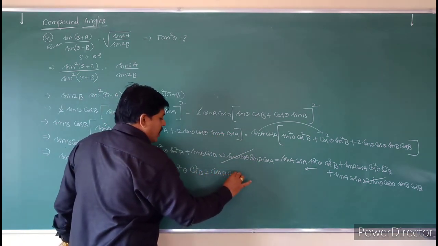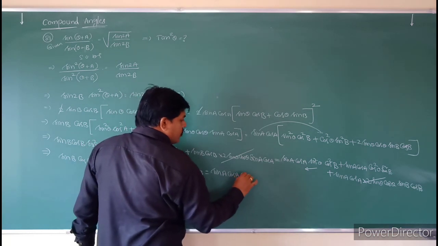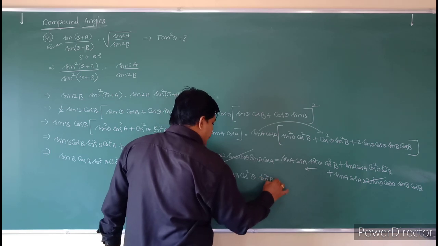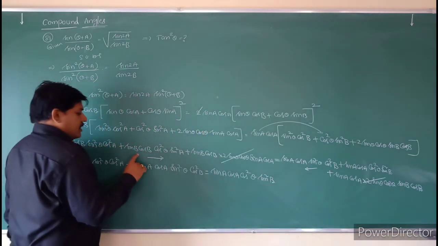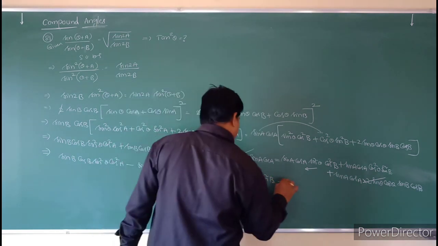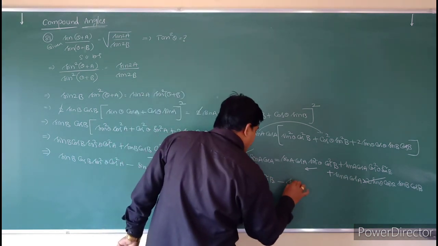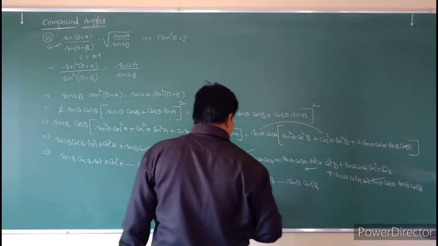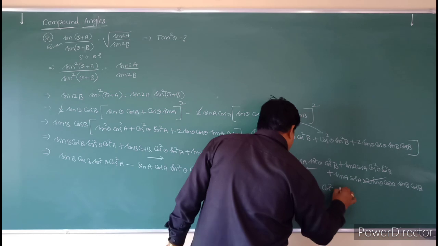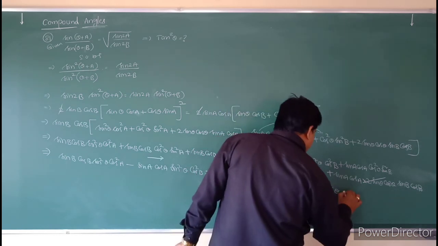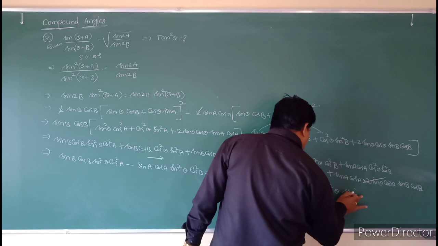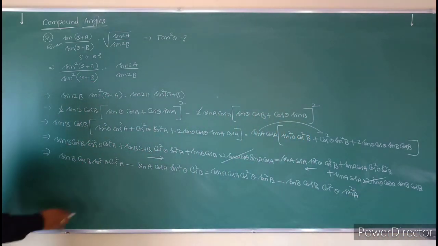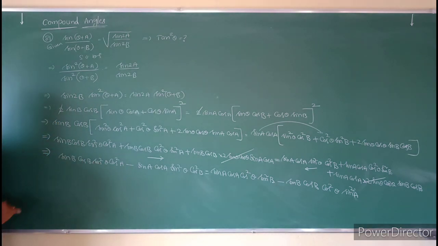Sin A cos A into cos square θ into sin square B, and you have taken this term to that side, minus sin B cos B cos square θ into sin square A.